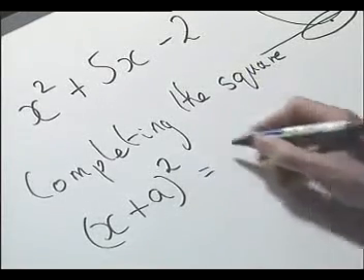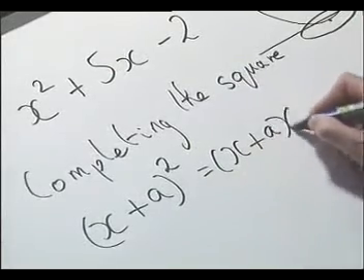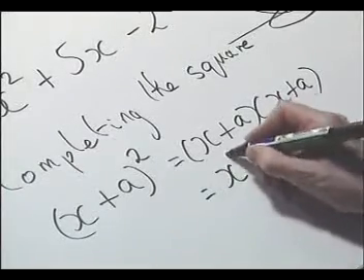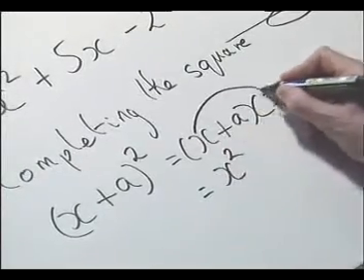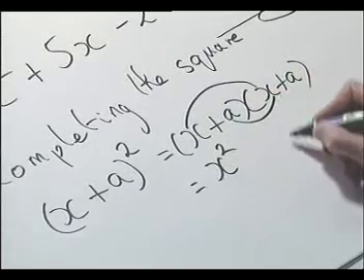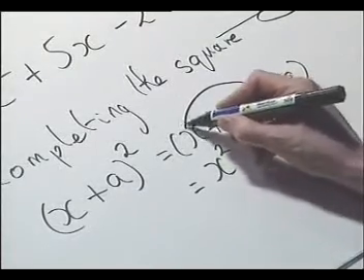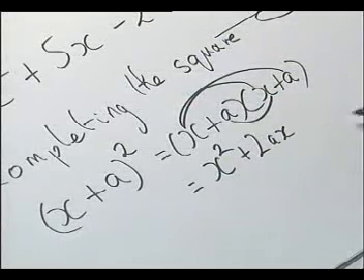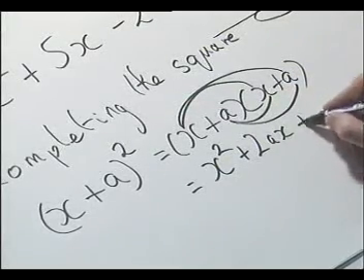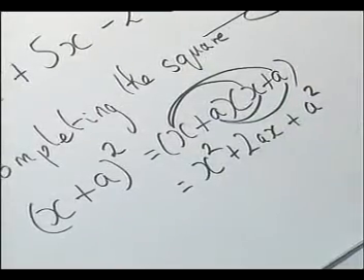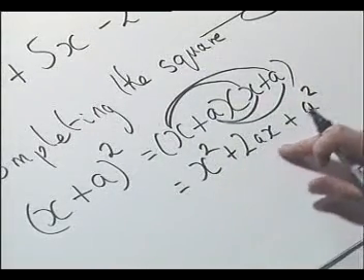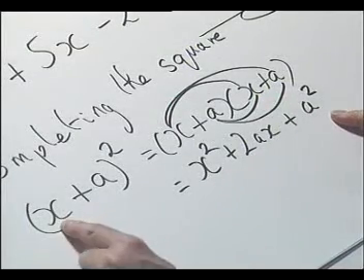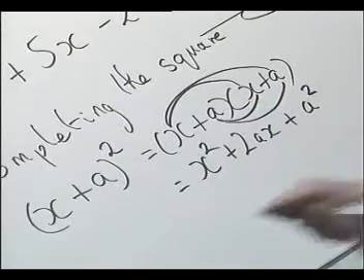And if we multiply out the brackets, x plus a times x plus a, what we end up with is x squared, that's x times x, a times x, and of course x times a, so that gives us 2ax, and then finally a times a, and that gives us a squared. So this expression is a complete and exact square, because it's x plus a all squared.